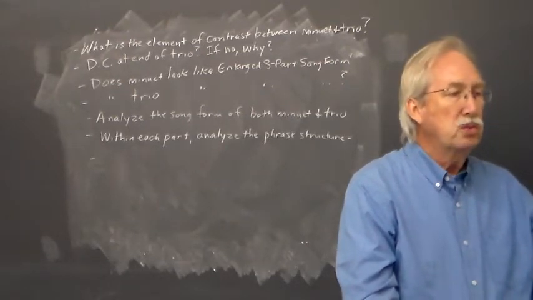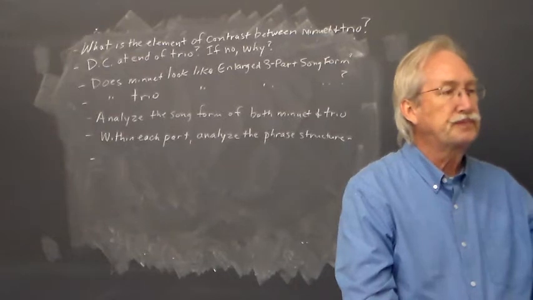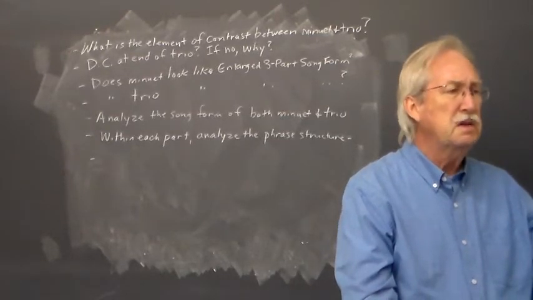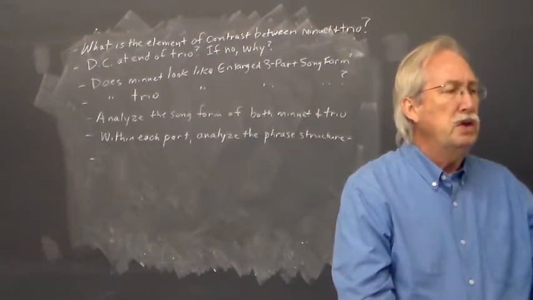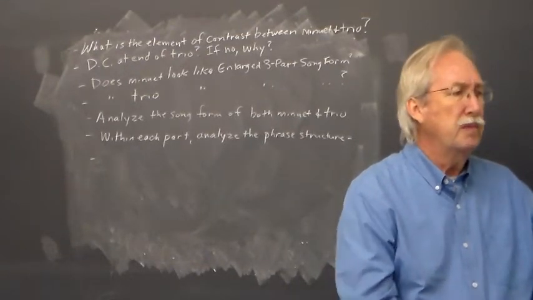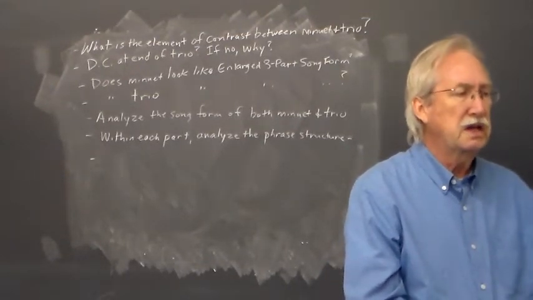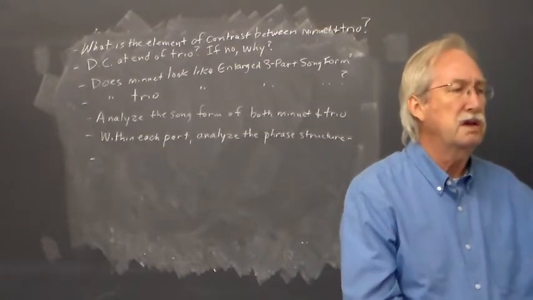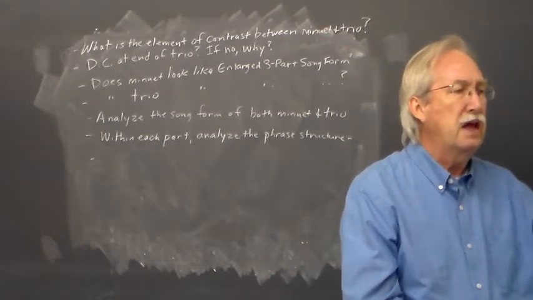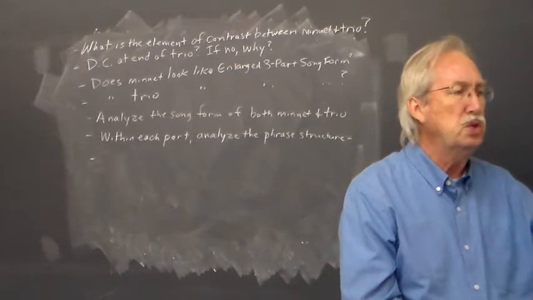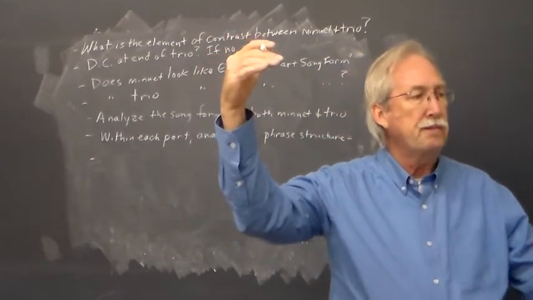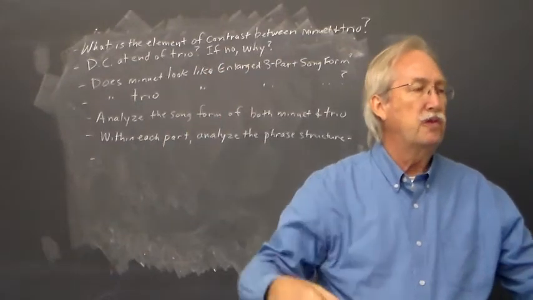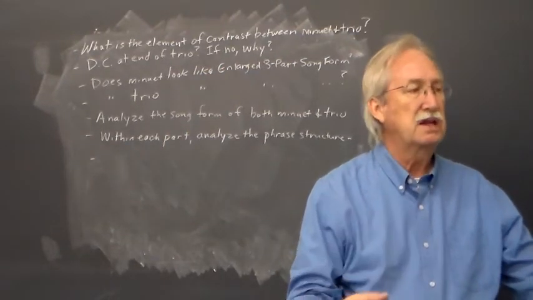So if you look at the spot on the second page, on the second system, in the scherzo, on the second measure, at that spot you're going to have in the top voice a C natural, and in the bottom voice you're going to have an F natural.